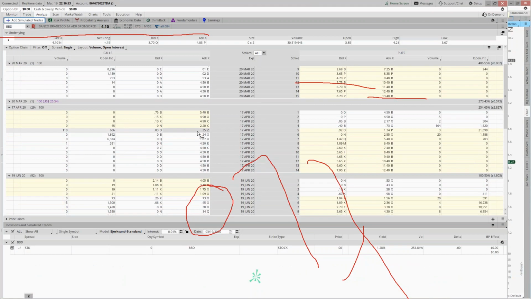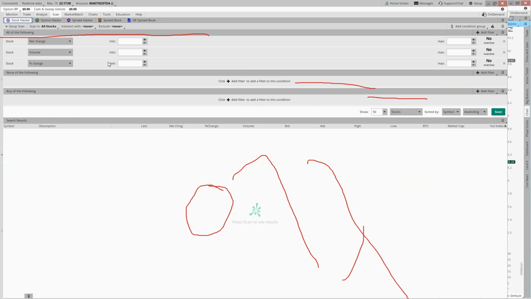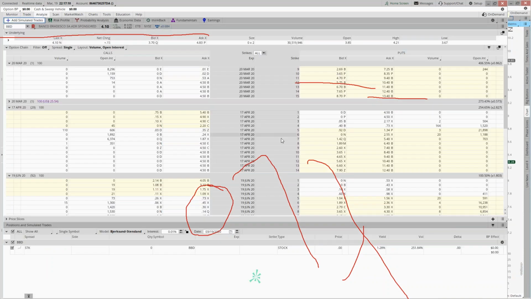It's an April put. It is the $7 strike price. So the put that I bought for 15 cents is currently worth somewhere between $1.42 and $5.40.